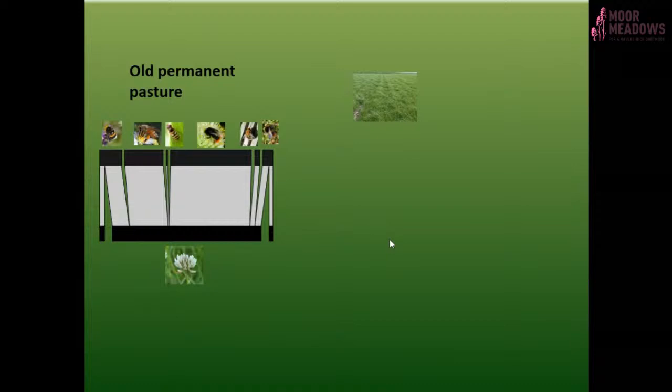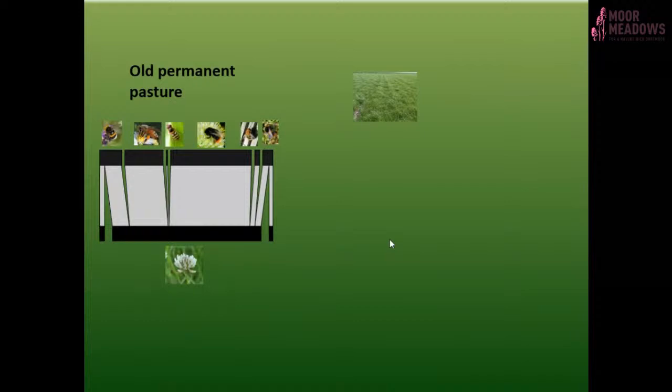Now, I'm going to talk you through an interesting way of looking at the value of grasslands for, in this case, the pollinator and nectar feeding guild of invertebrates. We have an old permanent pasture dominated by grasses, but also with maybe white clover present in it.